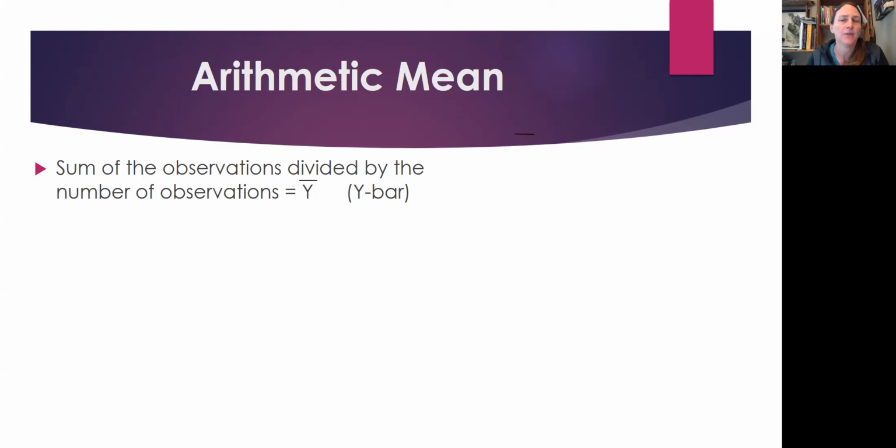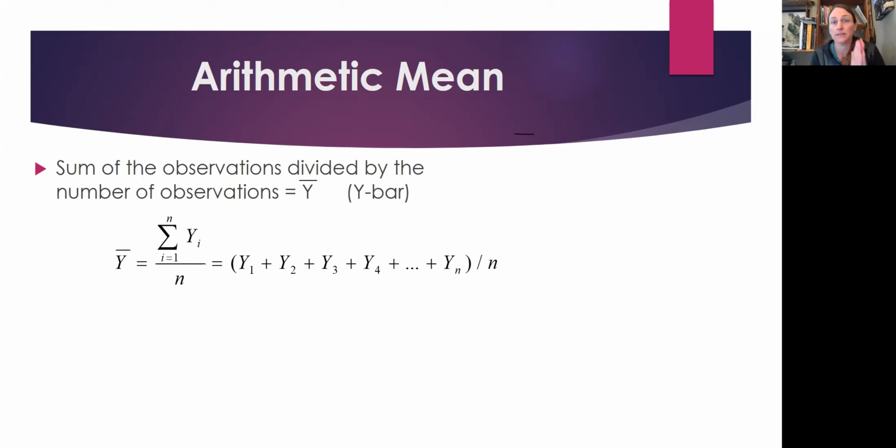Okay. Now, to write this in summation notation, it would look kind of messy, but we're going to walk through this. So what this says is y bar, the sample mean, is equal to the sum from i equals 1 to n of every value y sub i. And then you add them all up and divide by n.